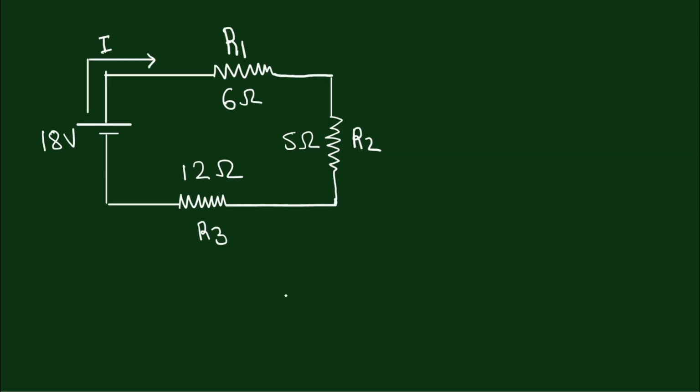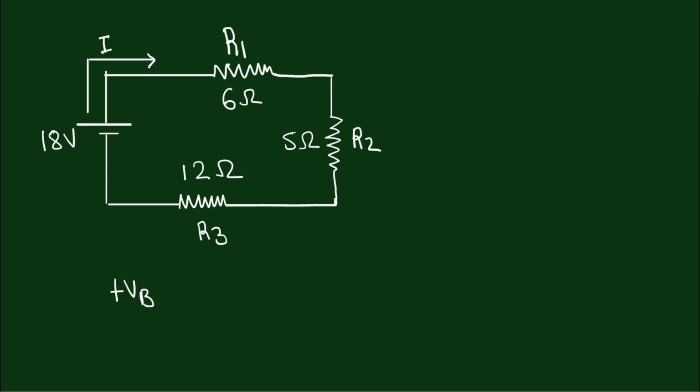Now let us solve a problem. Now we know that the current loop always starts from the positive terminal of the battery, where it goes from negative terminal to the positive terminal. So we will have plus VB, which is the battery voltage.